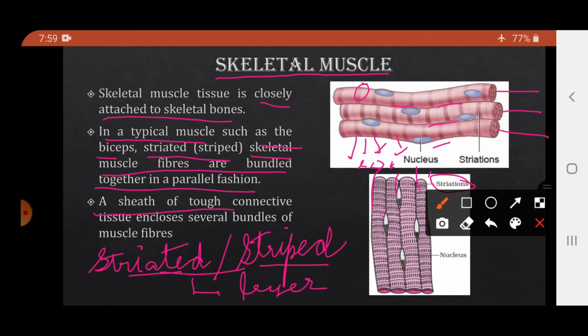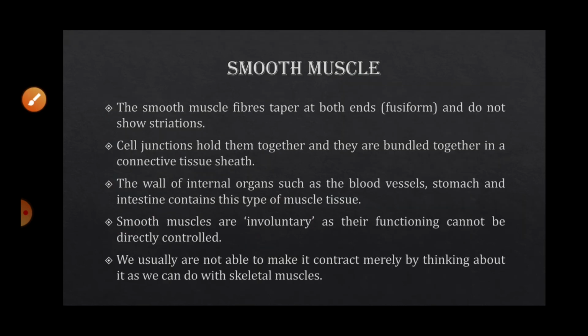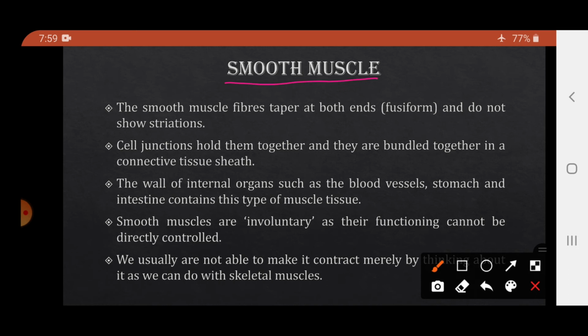A sheath of the connective tissue encloses several bundles of the muscle fibers. Bundles जब बनते हैं muscle fibers के, उसके surrounding there is a sheath of the connective tissue जो muscle fibers को protect करते हैं. Now next type of the muscle is a smooth muscle. Now smooth muscle fibers taper at both the ends and do not show striations.